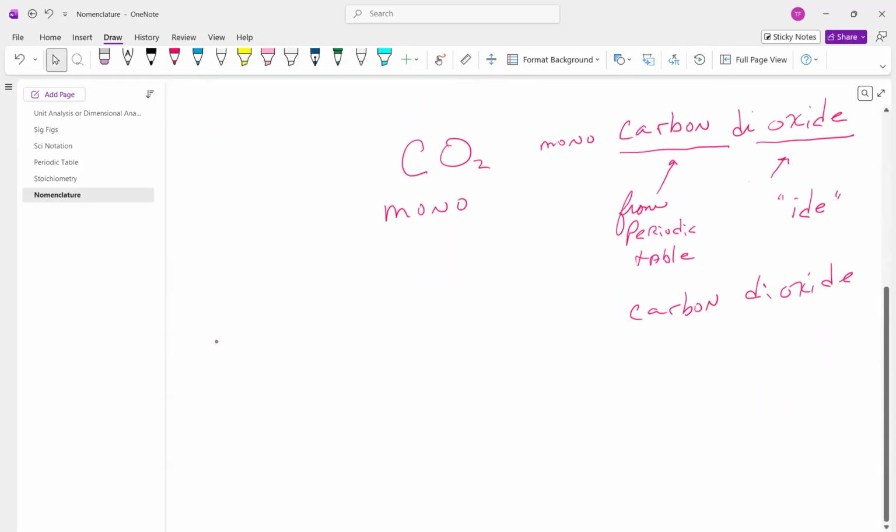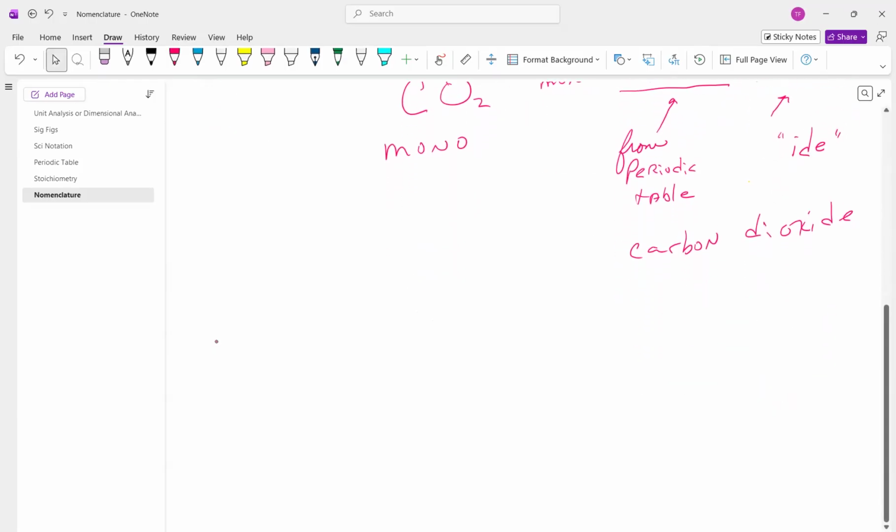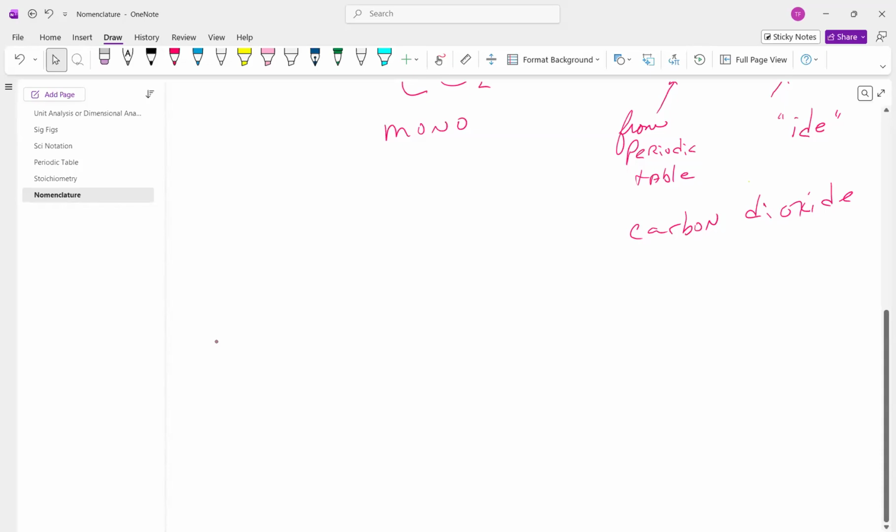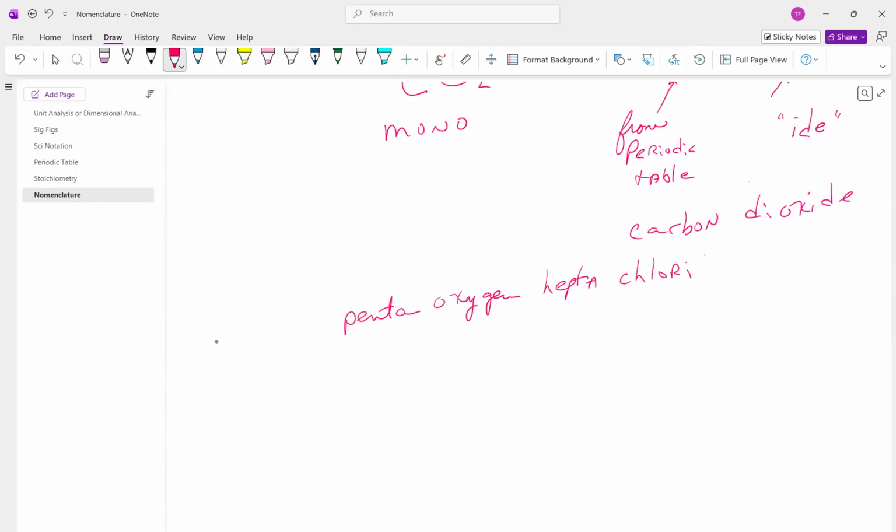Say we were going to go from a name to a formula. Okay, pentaoxygen heptachloride. What's the formula?